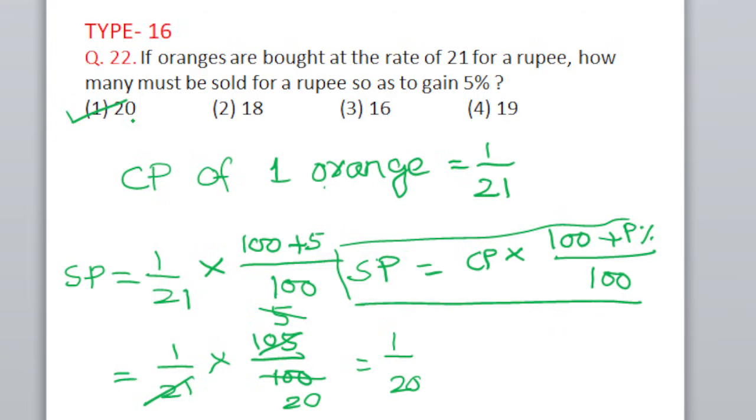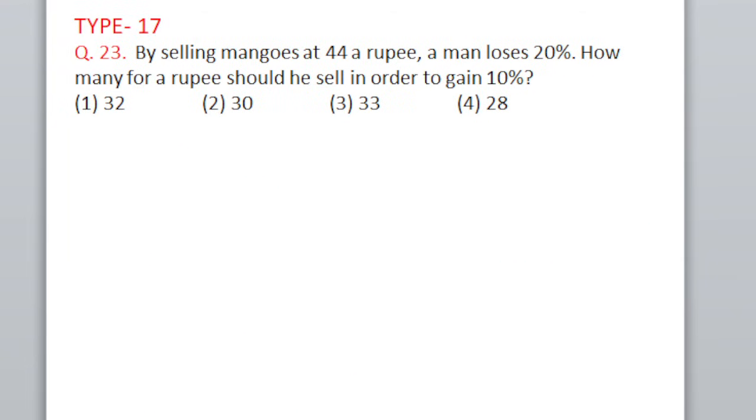Now students, next question, that is type 17, question number 23. By selling mangoes at 44 a rupee, a man loses 20%.